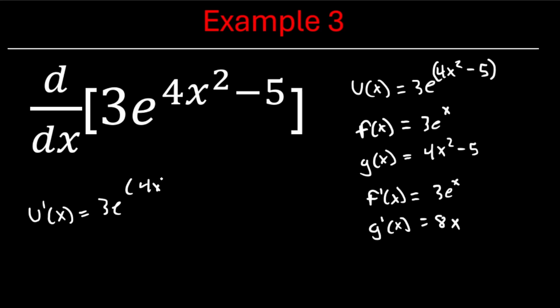We get 4x squared minus 5. And then this is all times g prime, 8x, resulting in a first derivative of 24x times e to the 4x squared minus 5.